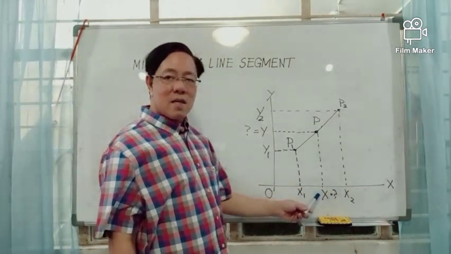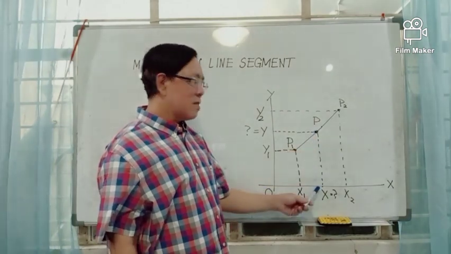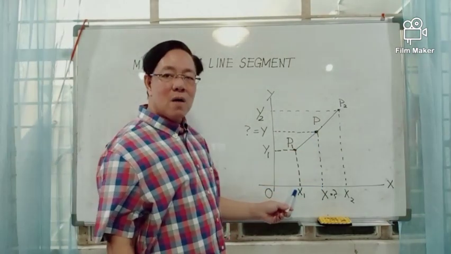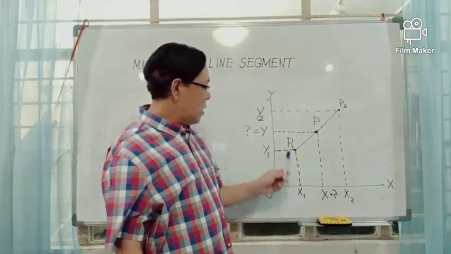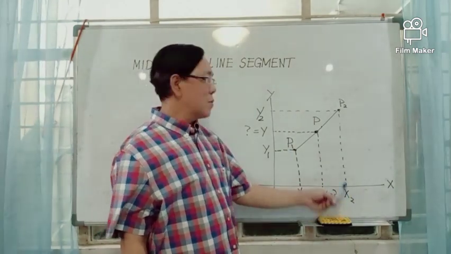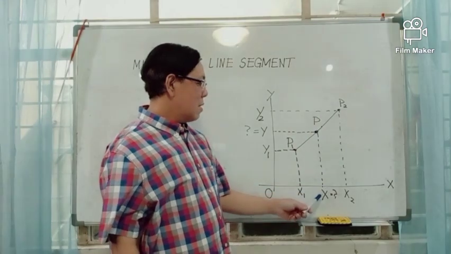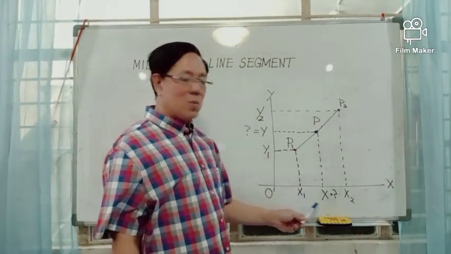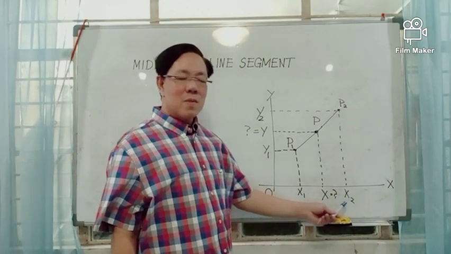That is, X, the abscissa of point P, is the midpoint of the abscissa X1 of P1 and the abscissa X2 of P2. Which means that X divides the distance between X1 and X2.